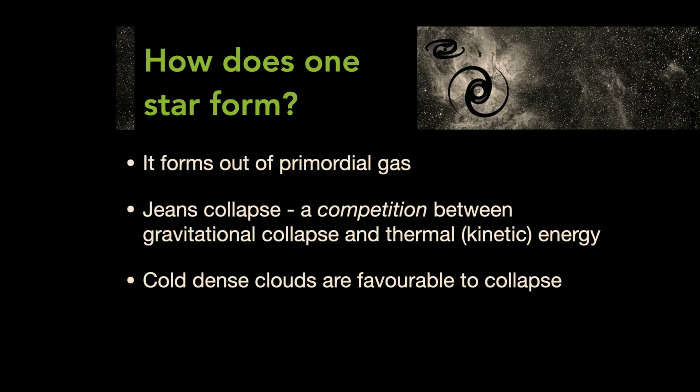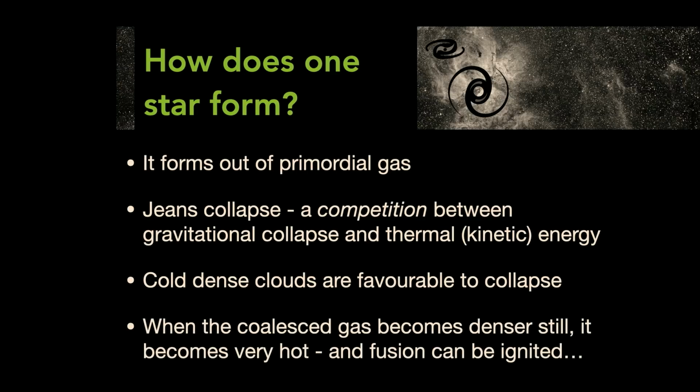If you have a gas cloud that is cold and is dense, that is favourable to collapse. Gravity will win out over all that thermal energy. When the gas starts to coalesce and become denser still, as long as it's sufficiently dense, then gravitational collapse is inescapable. But then something different happens. The gas becomes very, very extremely hot.